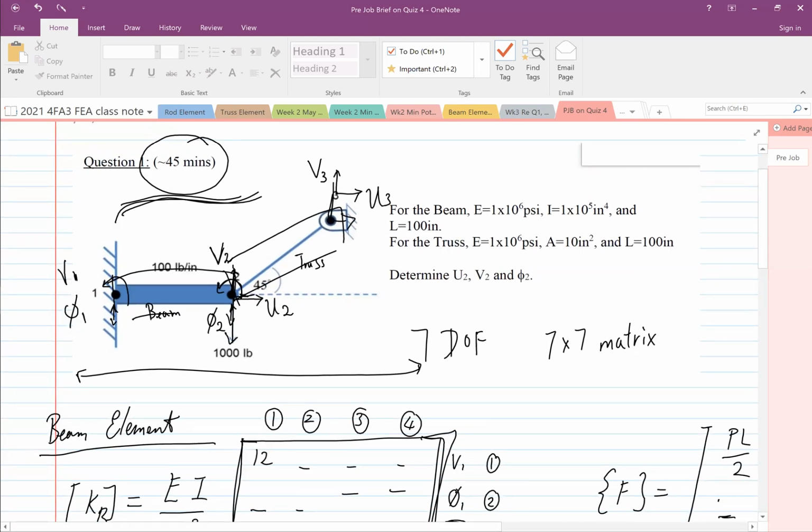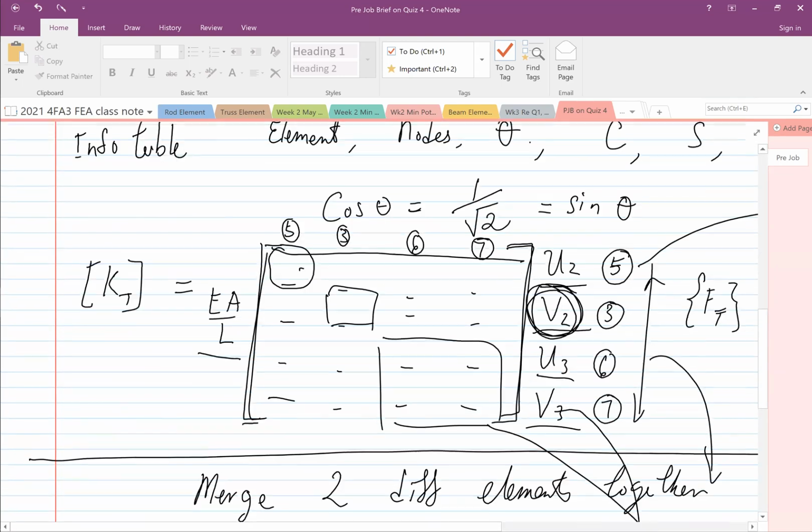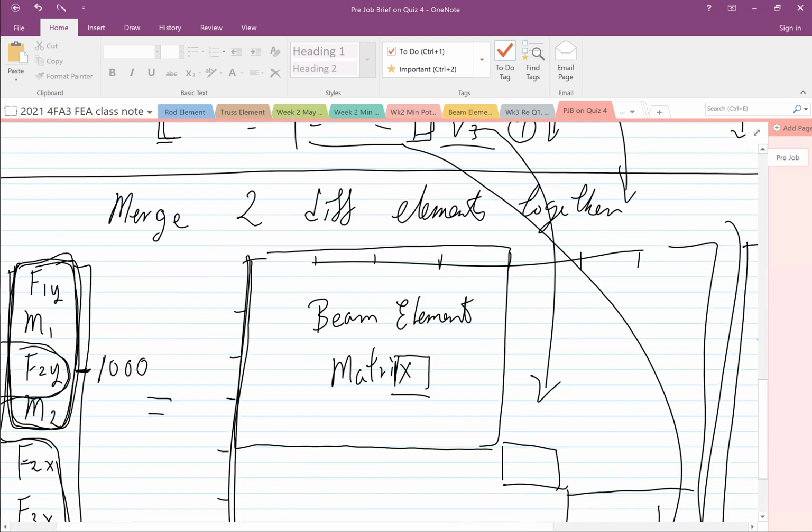Chris, can I ask one more question? On node number 3, it's a truss element and it's like a pin, right? So why do we say that it's free to move in the horizontal direction? It's not free to move. I cancel them. U3, V3 is 0.